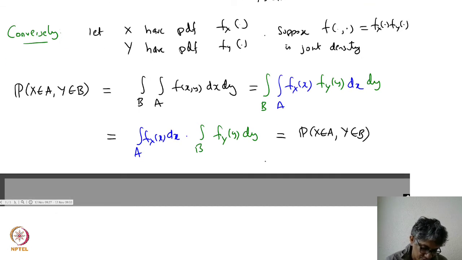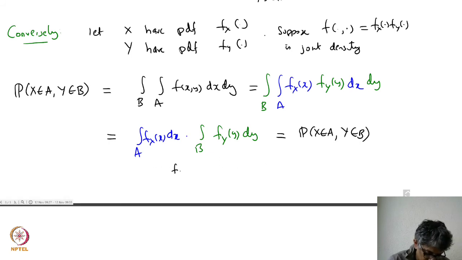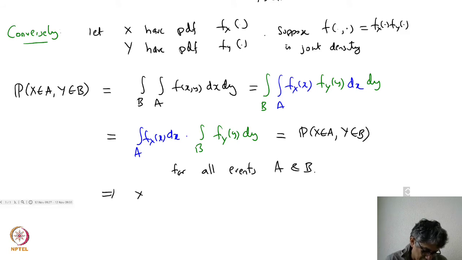So this equality is true for all events A and B. So this implies that x and y are indeed independent.